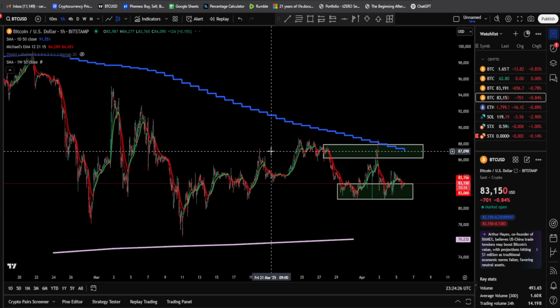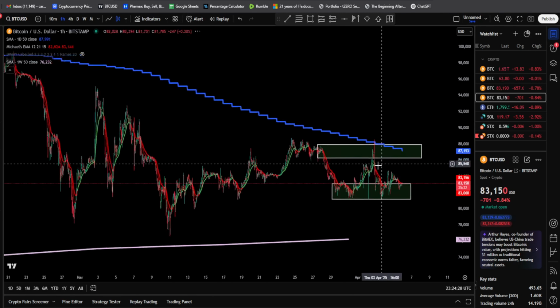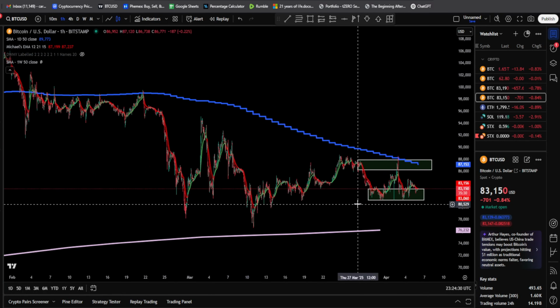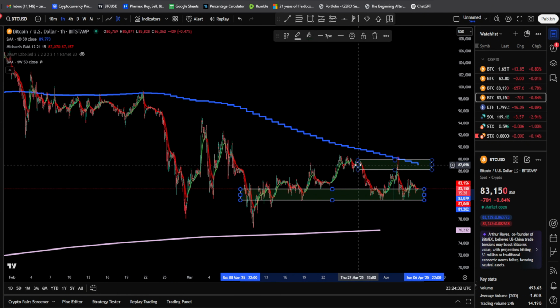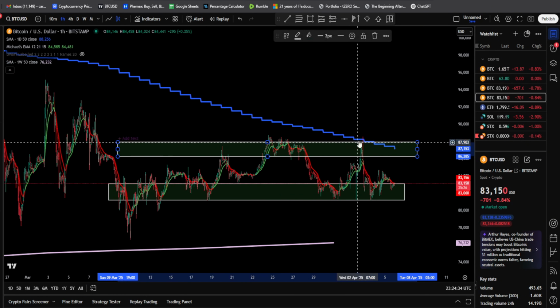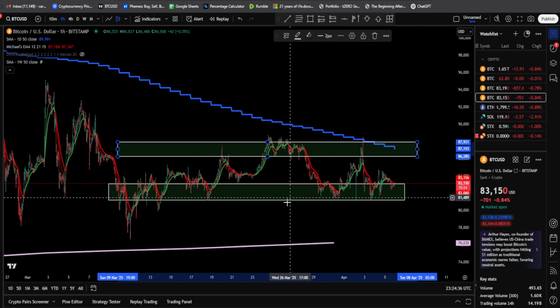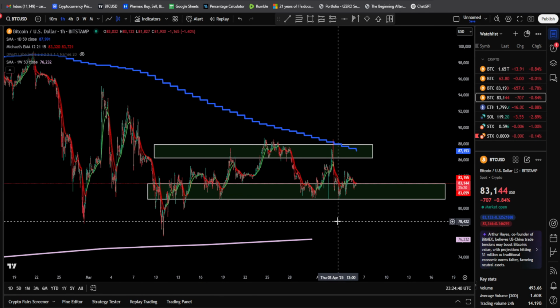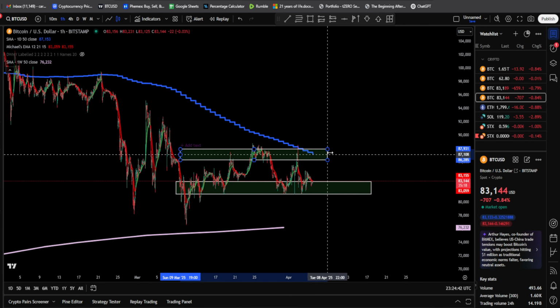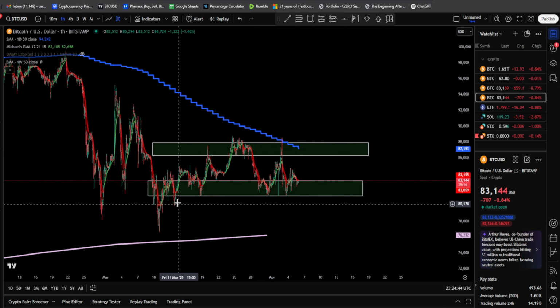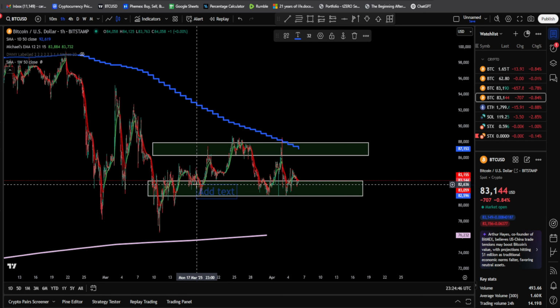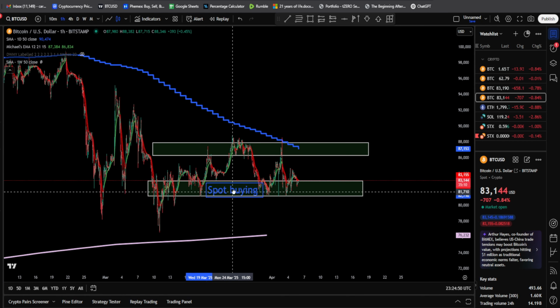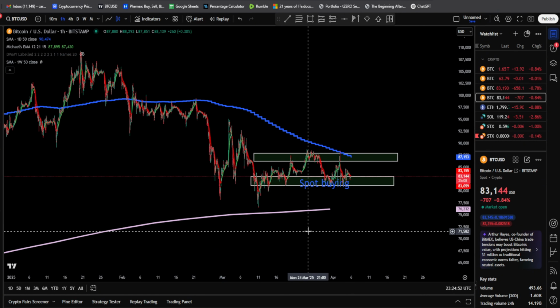Not necessarily sell there, but that only worked once, twice, if you bought here and sold here as a trade. But this is a good spot buying area. And this is just resistance. So this is good spot buying, for now at least.